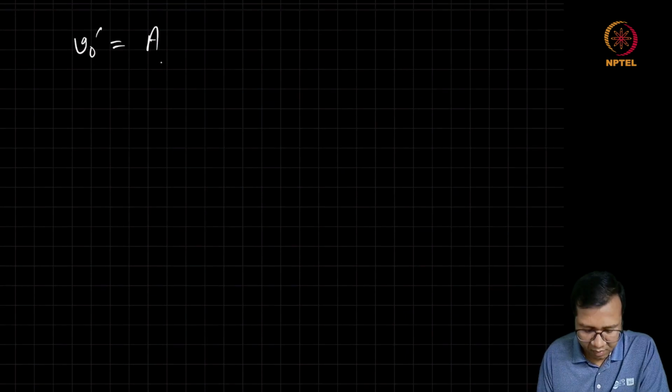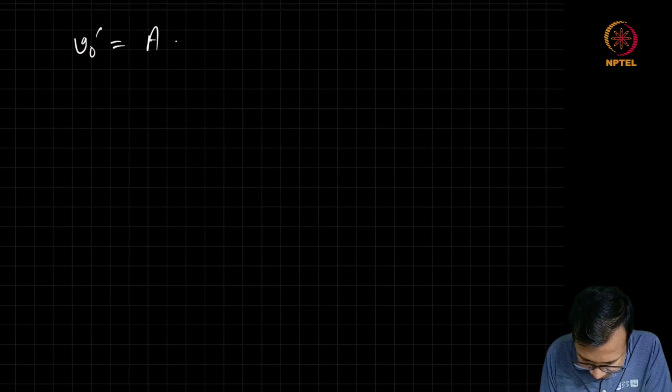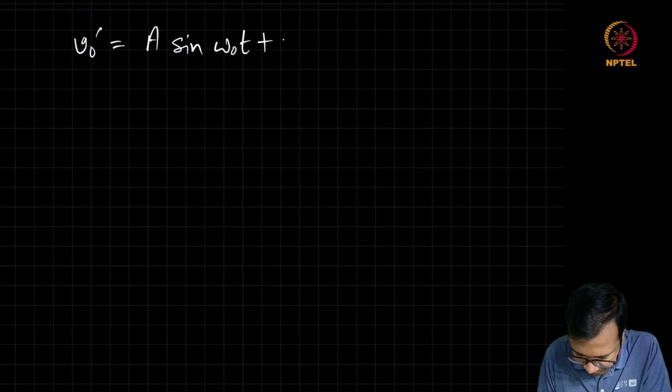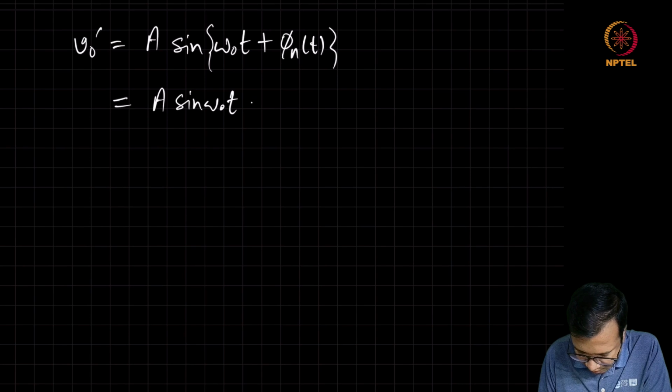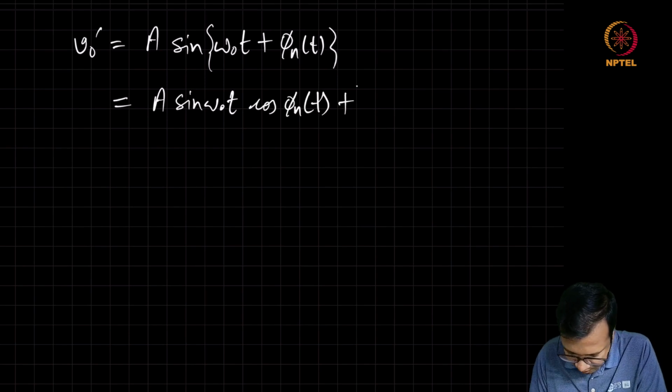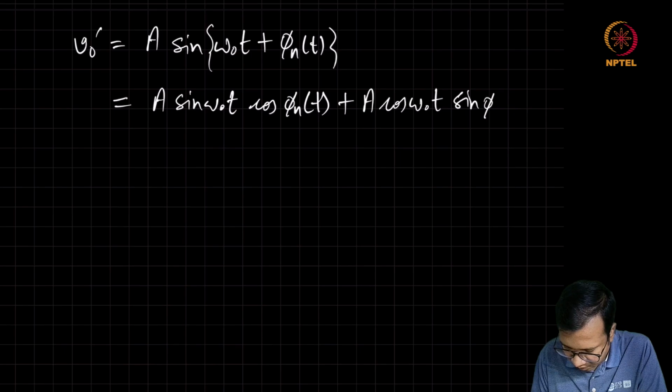VO dash, in the presence of only phase noise, we can write as A sine(omega naught t plus phi n of t), which can be written as A sine omega naught t cos phi n of t plus A cos omega naught t sine phi n of t.